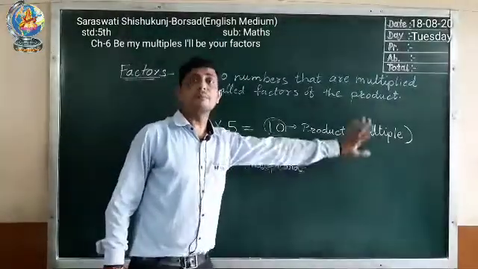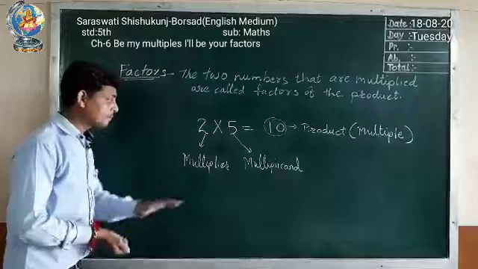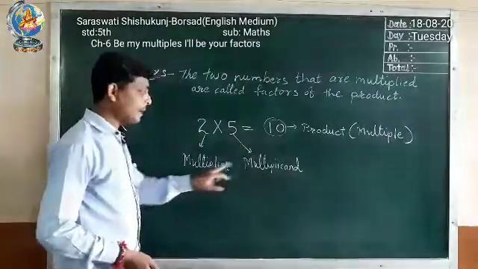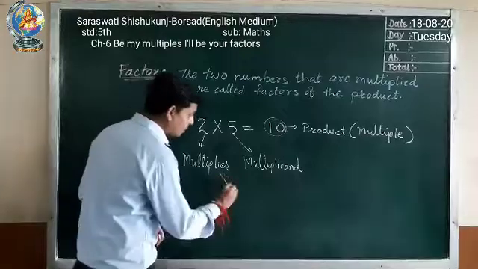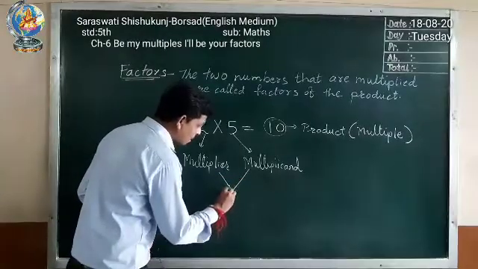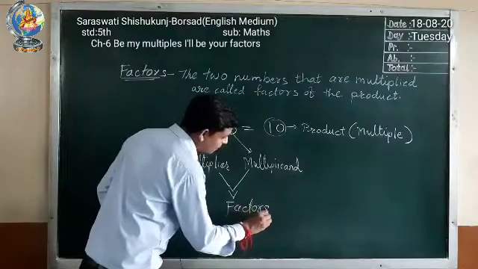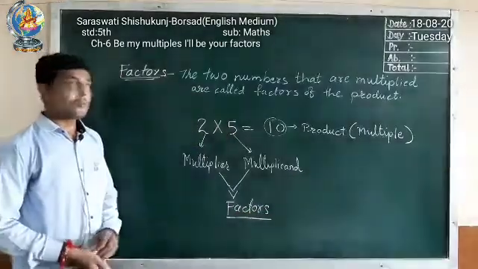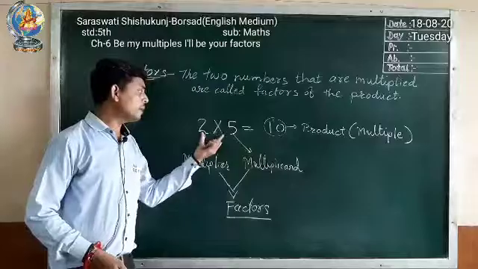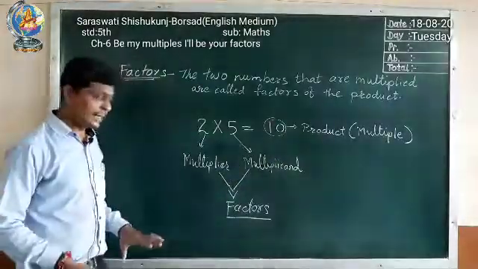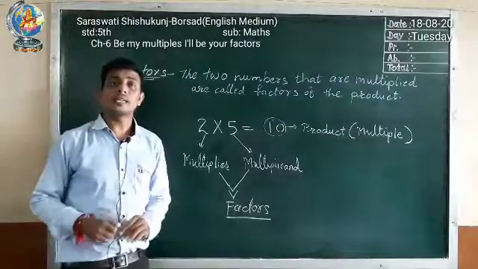So product is multiple. Now this multiplier and multiplicand are called factors. That means in this equation 2 and 5 are called factors and 10 is the multiple. Okay. Hope you have understood what is a factor.